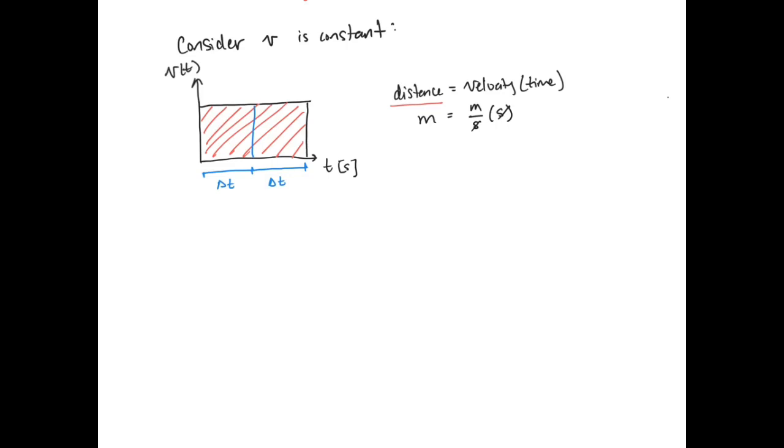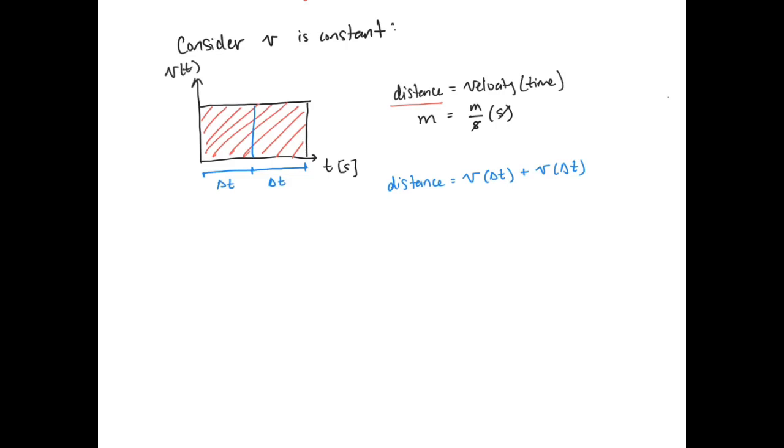Now, if you want to know the distance traveled, your distance is equal to the velocity at time t, times delta t, plus your velocity times delta t. So you're just adding up the velocity in the two different blocks. Now, why am I doing this? You're going to see that in one second.